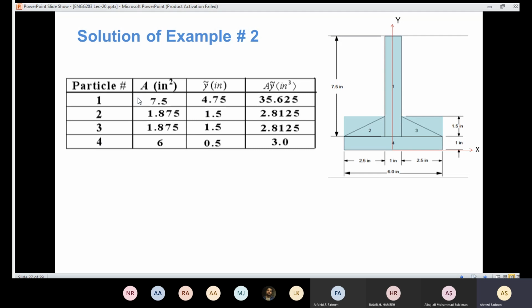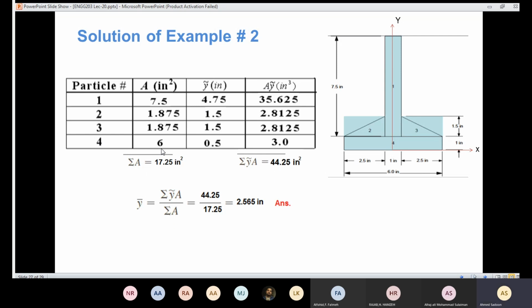Now I'm going to determine the summation of the areas here, and also the summation of the A y hat. Now I'm in a position to determine the value of y bar. Y bar represents the centroid in the y-axis for the composite body, for the whole body. So y bar is going to be the summation of A y hat, which is here, over the summation of areas, which is there.